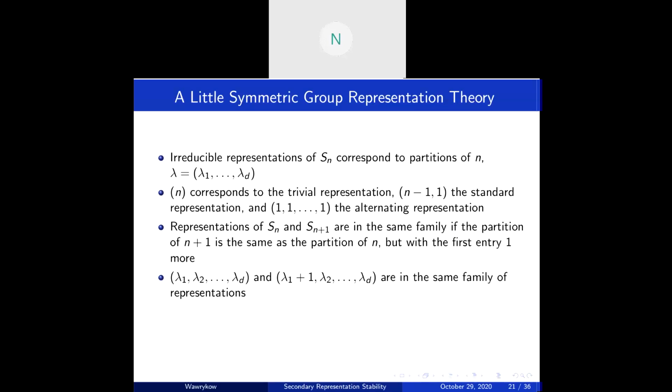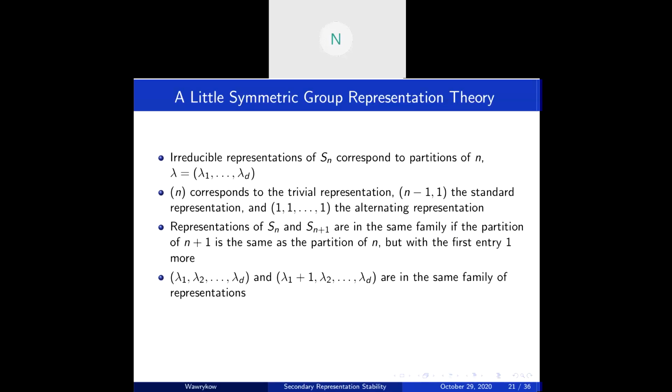And so these representations are going to be the same or belong in some same family if we have some partition, and the only way the partition changes is by adding 1 to the first element of the partition. By adding 1, it's still going to be a partition, right? Because only the first element is getting bigger, and the first element is always the biggest. So we're happy there.